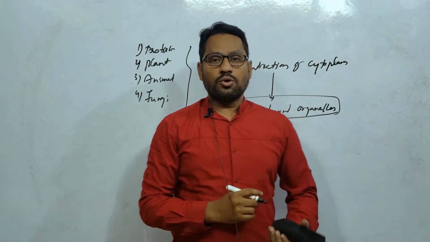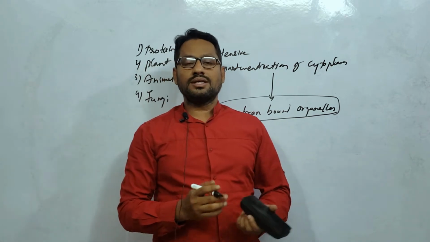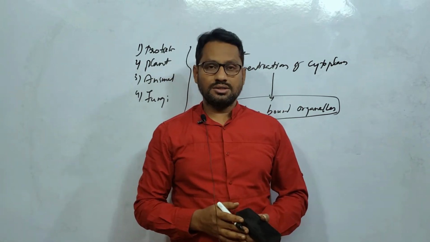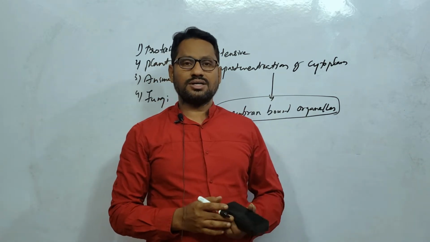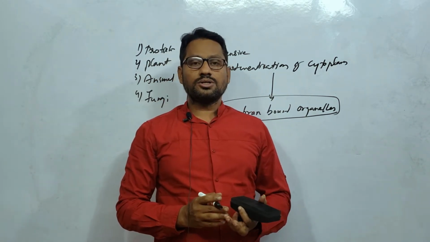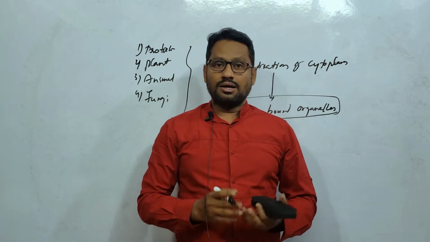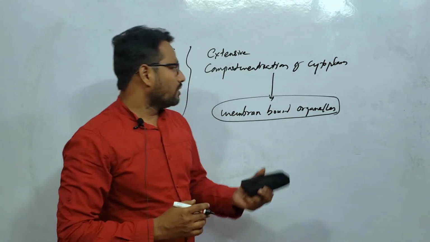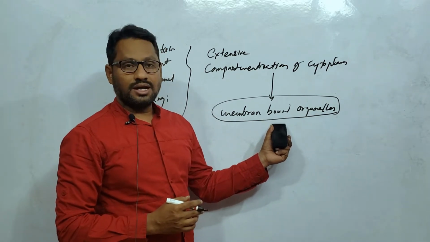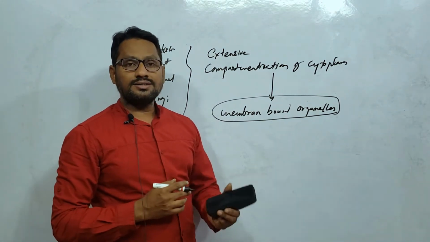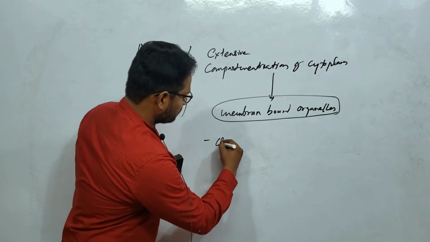In prokaryotes we are not seeing any kind of membrane bound organelles, but in eukaryotes you have membrane bound organelles such as mitochondria, endoplasmic reticulum, Golgi apparatus and chloroplast and so on. Also their DNA is organized into chromosomes.